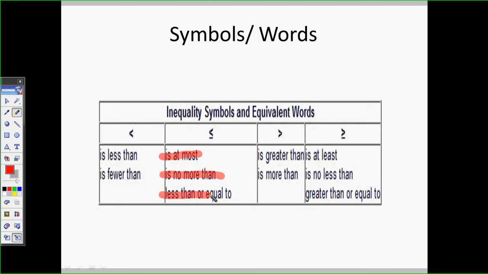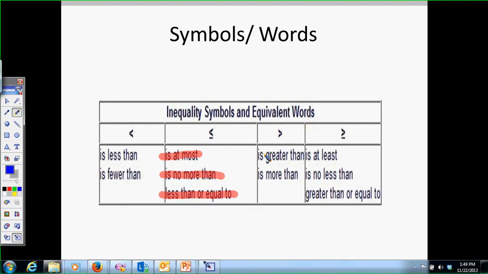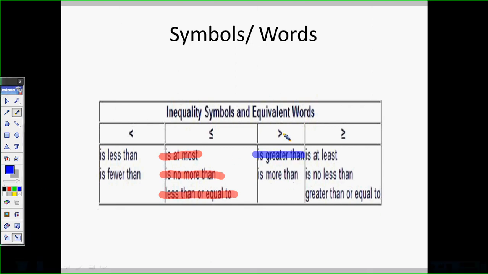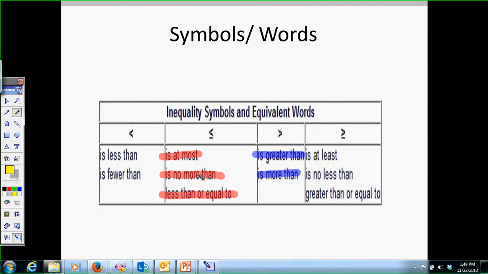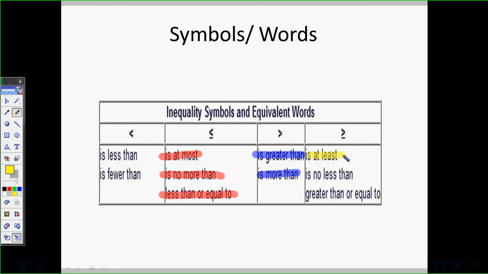Less than or equal to. Greater than. Is more than. Is at least. Remember, this is greater than or equal to. We could also say is at least. Is no less than, or greater than or equal to. So kind of get used to those.